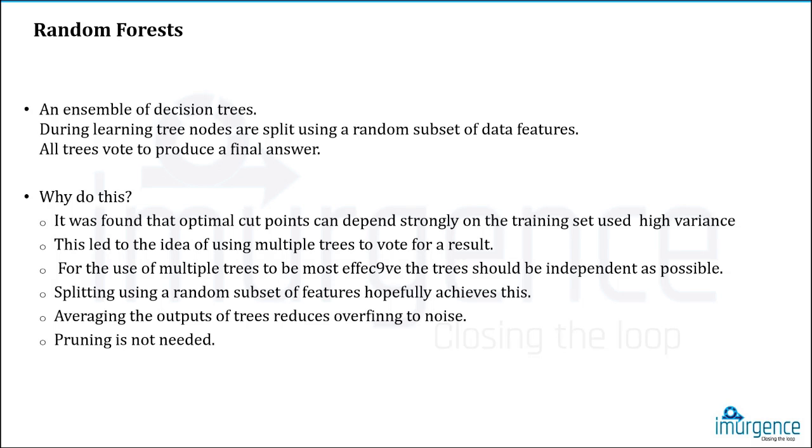So I'm not using the best of the breed, but I'm using weak learning trees and combining them together, and the output which comes out of this is in fact much better than what you would get from a traditional decision tree. And that is what random forest is all about.